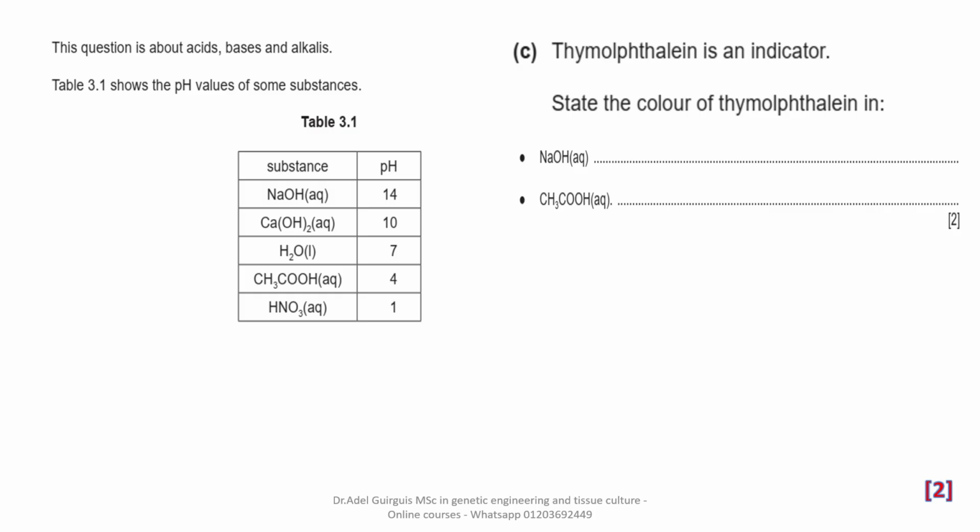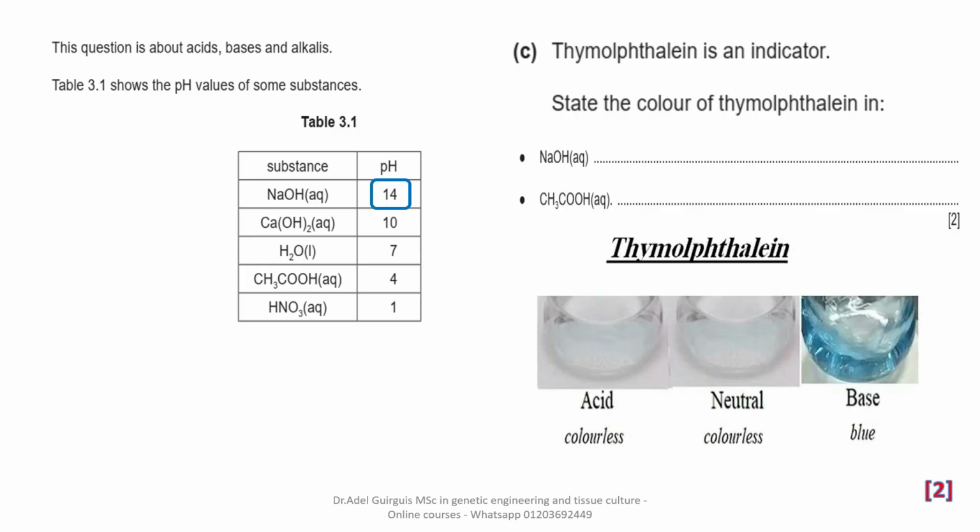Thymolphthalein is an indicator. See the color of thymolphthalein in sodium hydroxide NaOH and ethanoic acid CH3COOH. Firstly, NaOH with pH 14. It is one of the strongest alkalis. What's the color of thymolphthalein in alkaline medium or base medium?